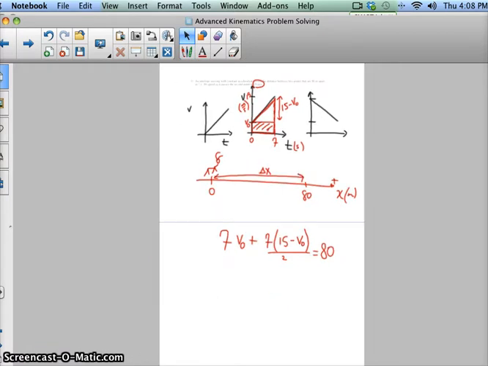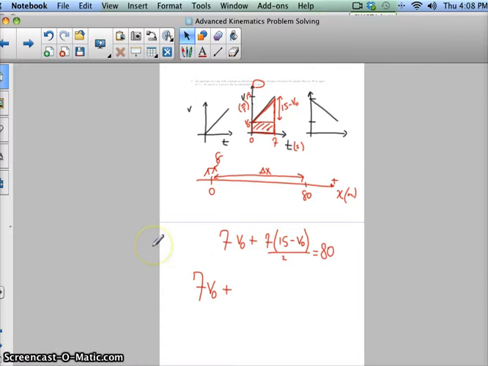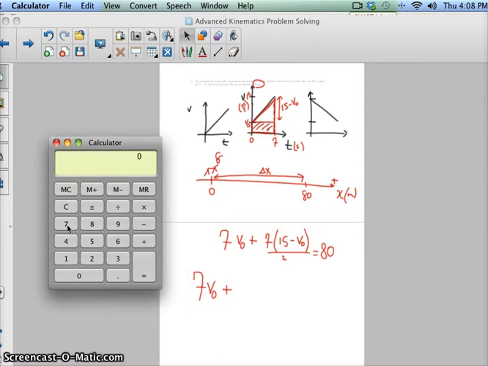So now, it's just algebra. So 7 v naught plus, 7 times 15. I'm not sure what that is. So let me try the calculator. Okay. 7 times 15, and I get 105.